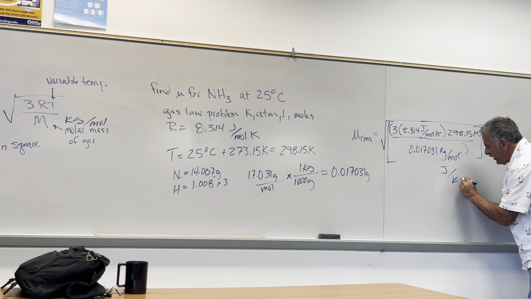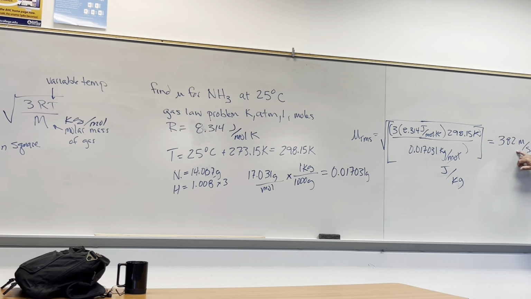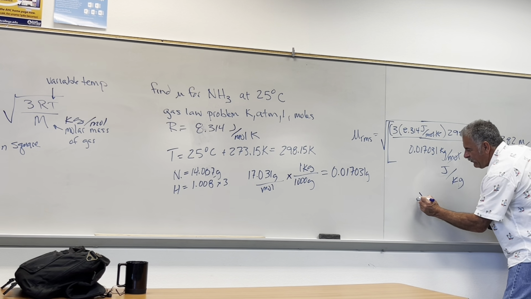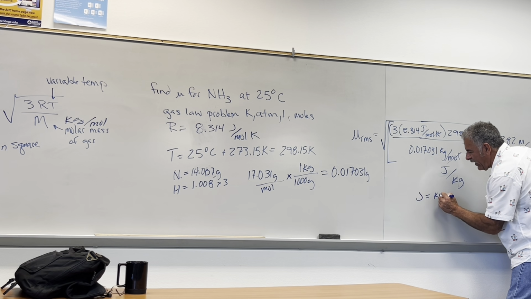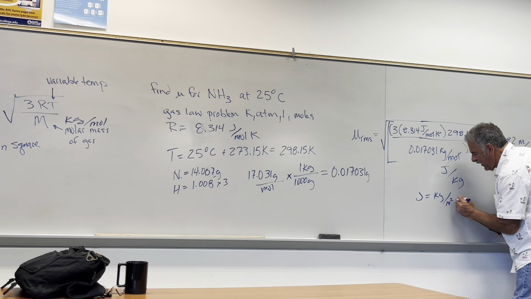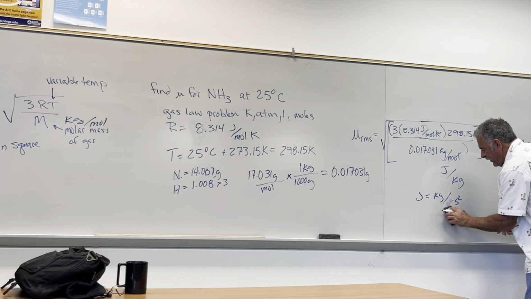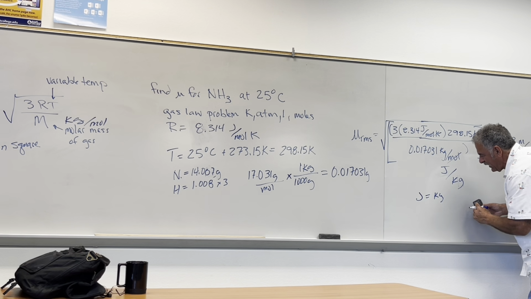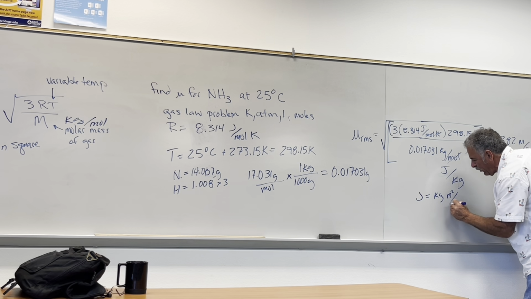Wow, come on. There we go. But I'm in meters per second. Uh-oh. Well, I'm looking at it, and there's a kilogram there, so that's got to cancel out. Turns out, joules equal kilogram meters squared per second squared.